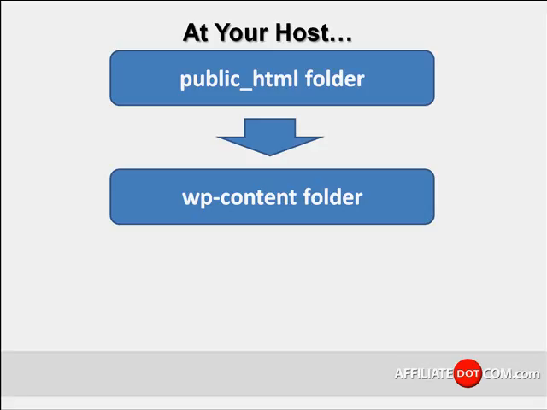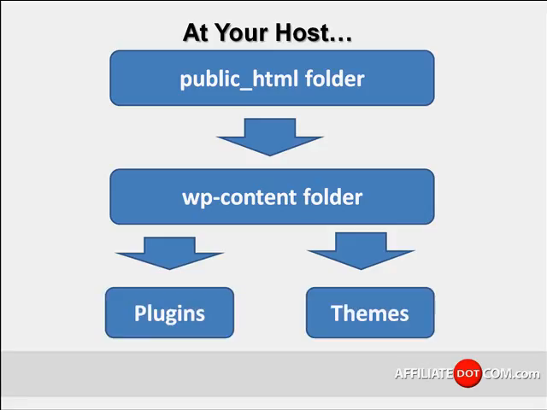And then, just to make it a bit more complicated, within that folder we have a few more folders. In fact, there's only two that we are really concerning ourselves with: one is called plugins, one is called themes. So let's recap. We have a folder called plugins that is in a folder called WP-content that is in the public_HTML folder, and the same as themes.